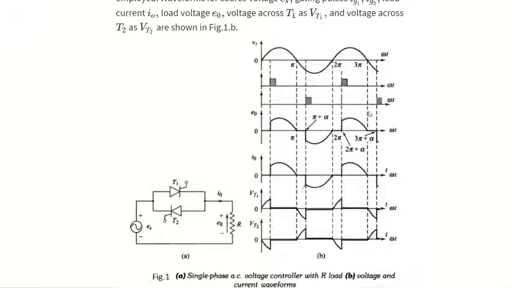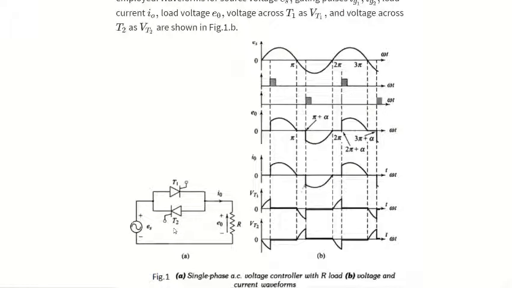T1 and T2 are separately triggered, in the sense they both have different triggering circuits. But there are different configurations where you can design the circuit in such a way that, when you have different triggering circuits, you need a separate gate triggering circuit for T1 and a separate gate triggering circuit for T2, so that will complicate the circuitry, right?